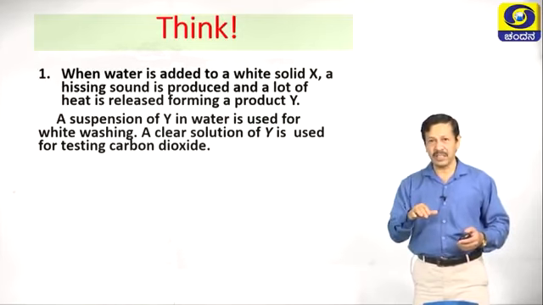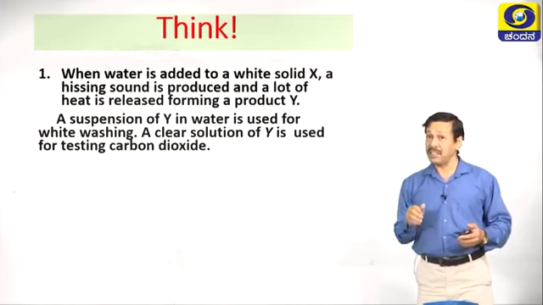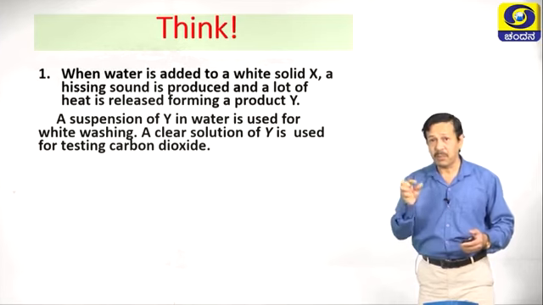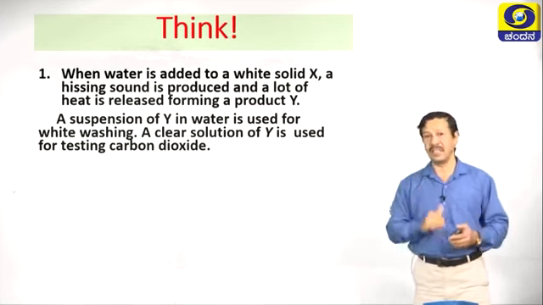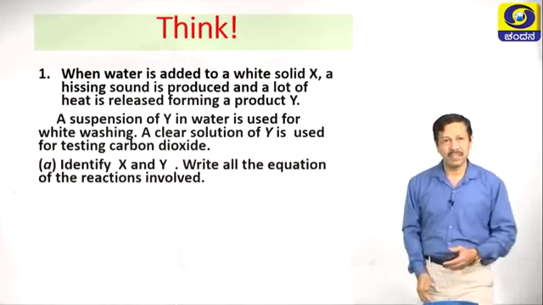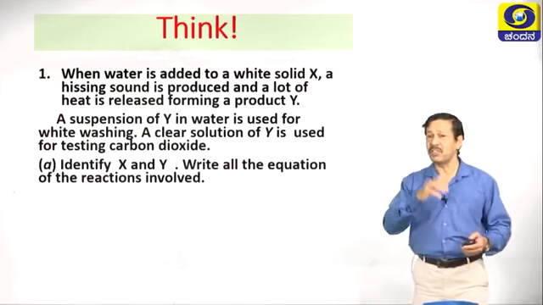Calcium hydroxide is used for whitewashing, and it is lime water, through which if you pass carbon dioxide, it turns milky. That is the test for carbon dioxide. Now, you got many hints. Now, what are X and Y? Write the equation for this one.